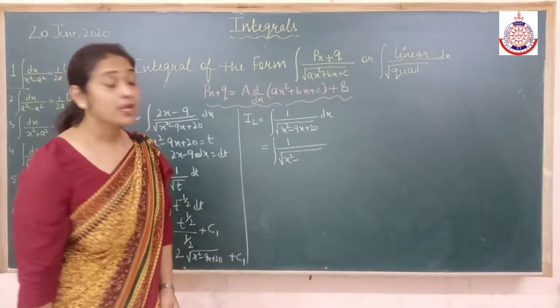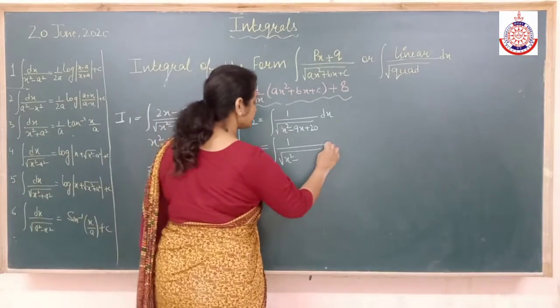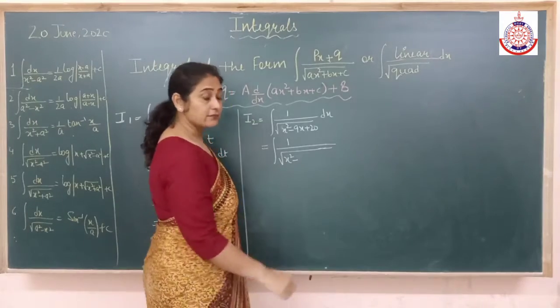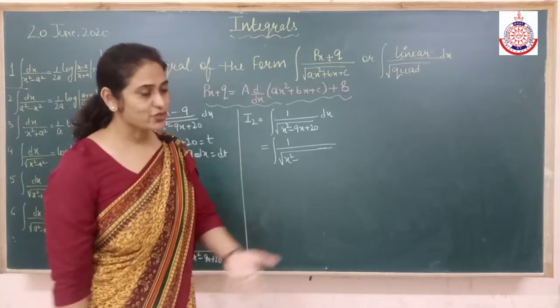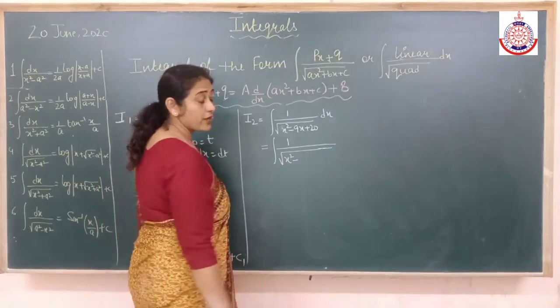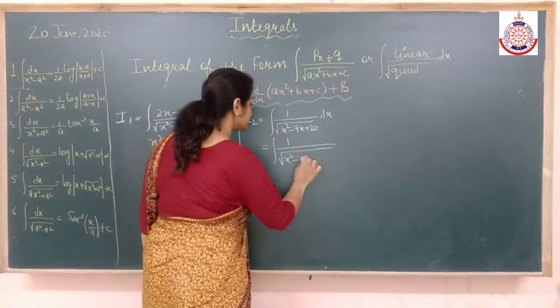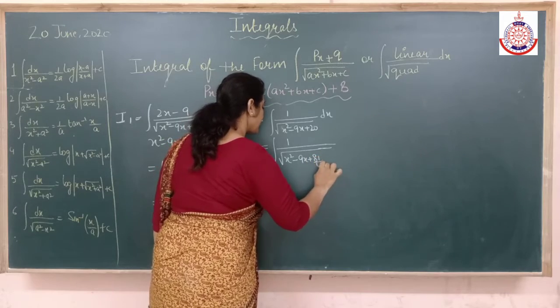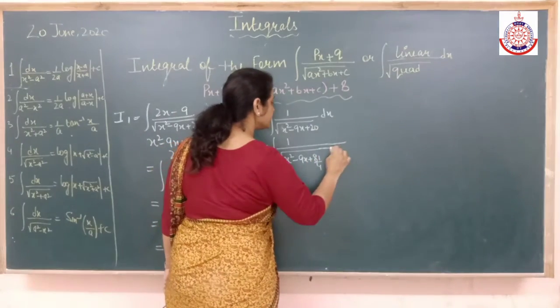Minus 3's square, 9. Alright, minus 9's half is not 3, sorry. Minus 9 half, minus 9 by 2. Alright, that square would be 81 by 4. Added.